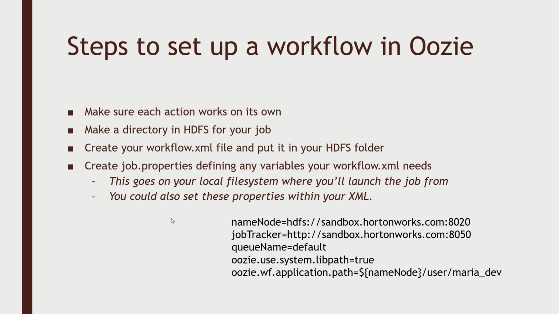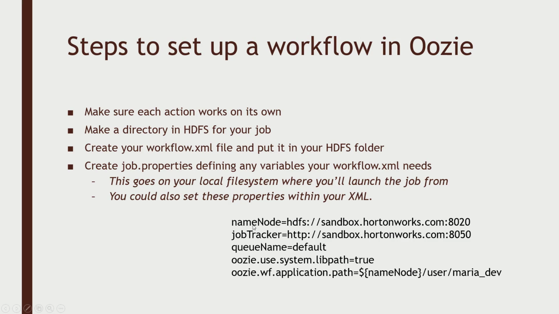So that provides a mechanism for writing a workflow.xml file that can be used on different servers or within different directories and things like that. You can abstract that information away and put it inside your job.properties file. So for example, here's a closer look at the job.properties file that we're going to use in the example for this lecture.